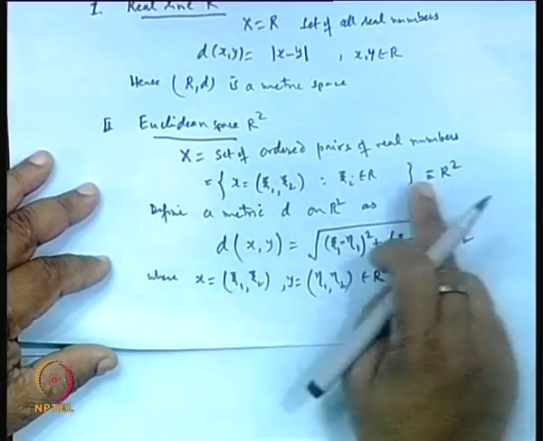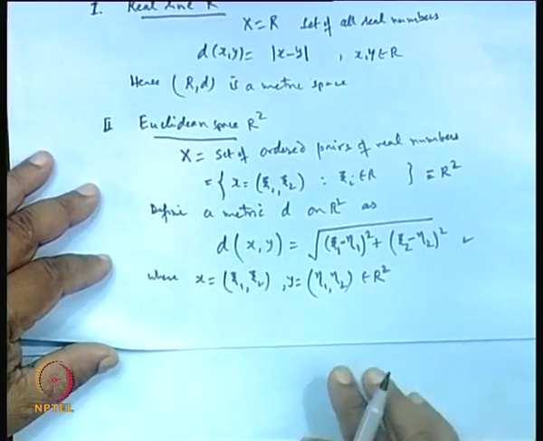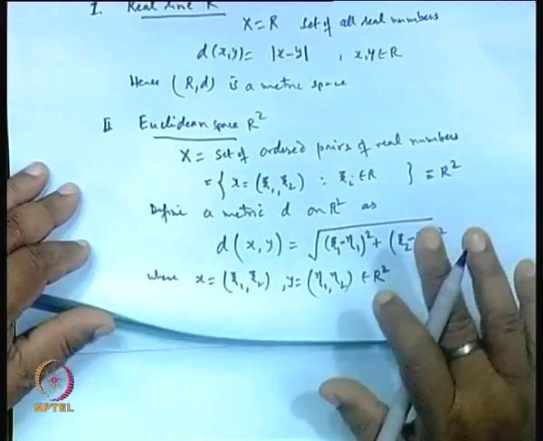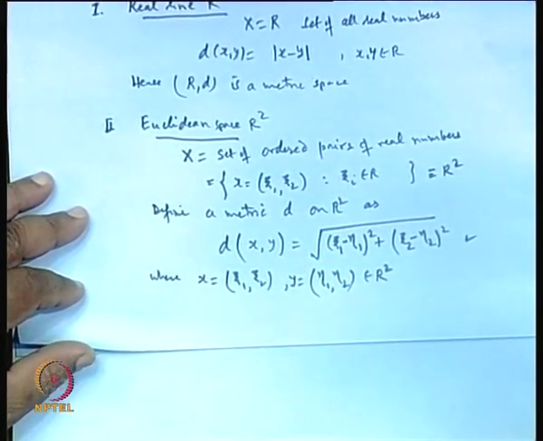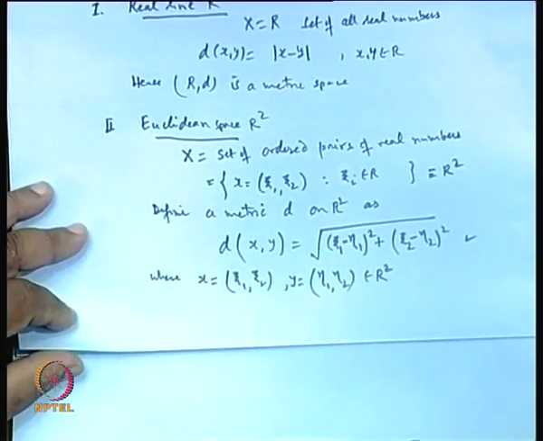Therefore, this space R2 under D forms a metric space, and this we call a Euclidean metric space or Euclidean space. Parallel to this, we have the unitary space.